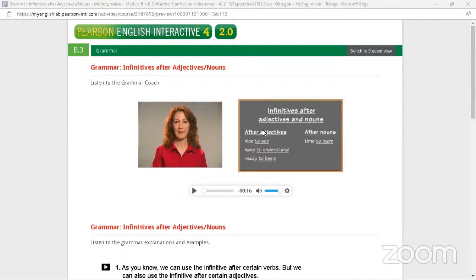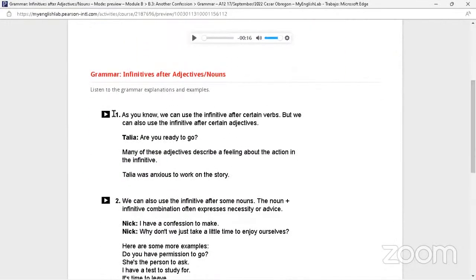For example, after adjectives like nice, easy, and ready, they're descriptions: nice to see, easy to understand, ready to begin. After nouns: time to learn. This is a noun, es un sustantivo, adjetivo. We use infinitives in these two scenarios. Let's talk about this in detail. Are you ready? Yes.